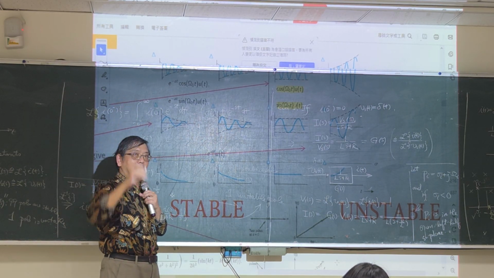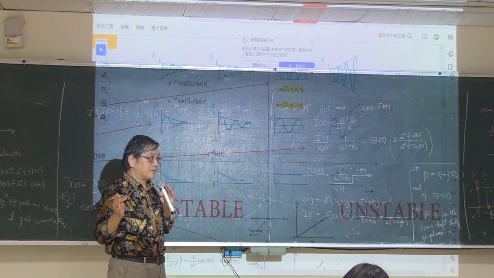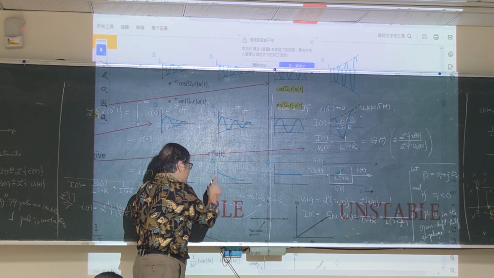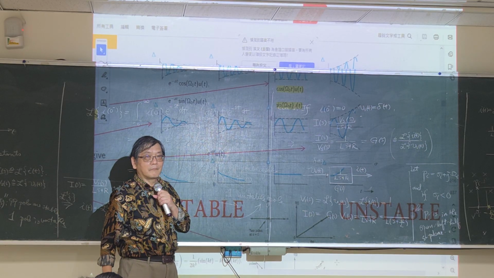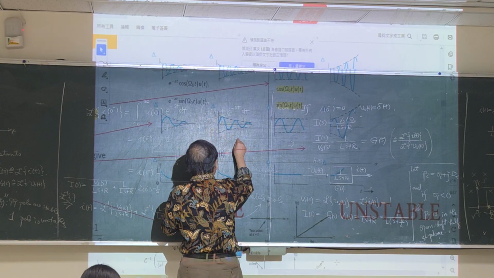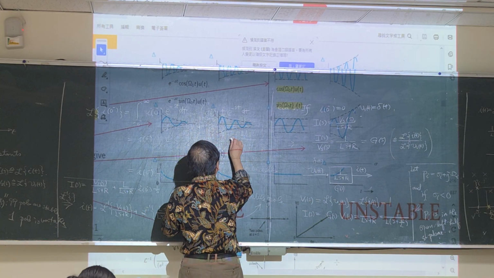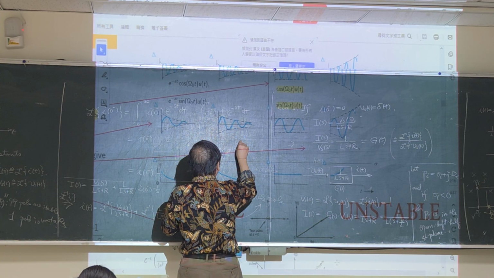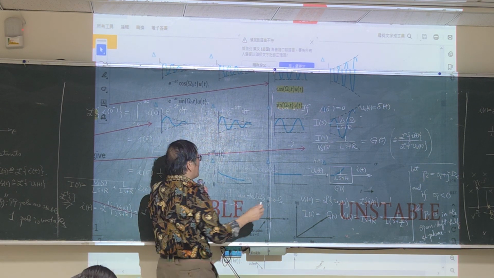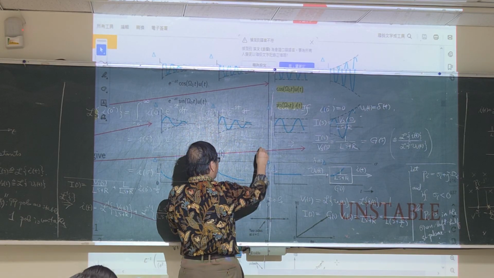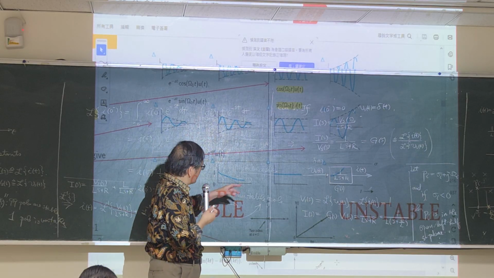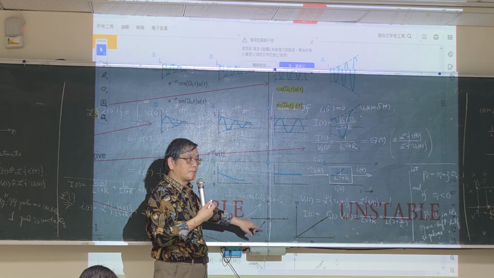So what does that tell us? Even so, the system is still unstable, because if you observe the system output, and we consider a linear system, it's a linear combination of those small outputs corresponding to the poles.